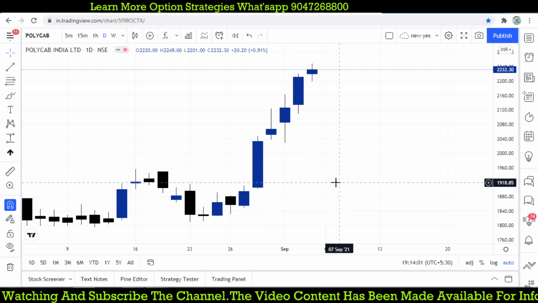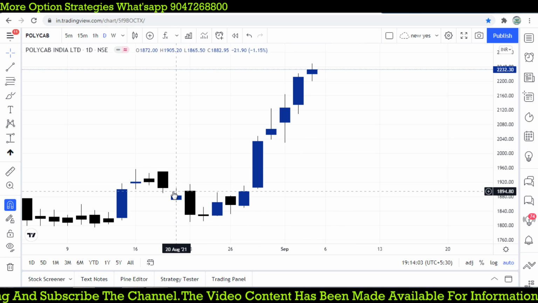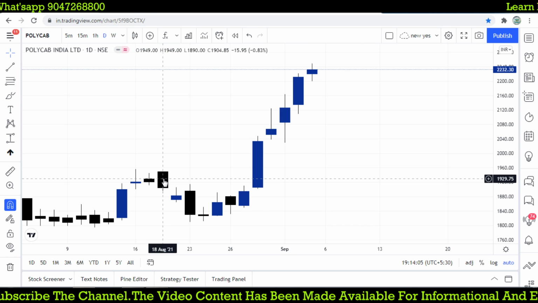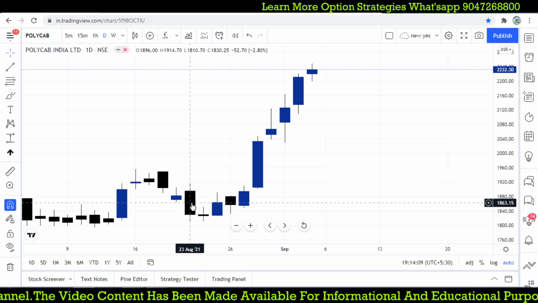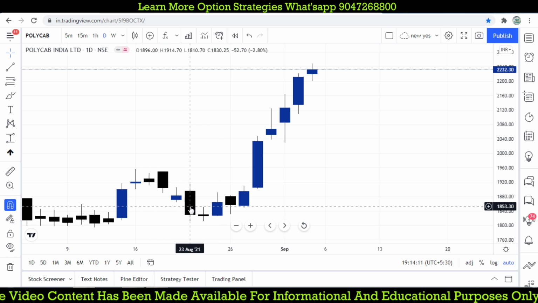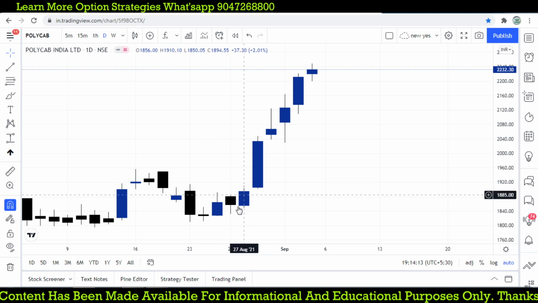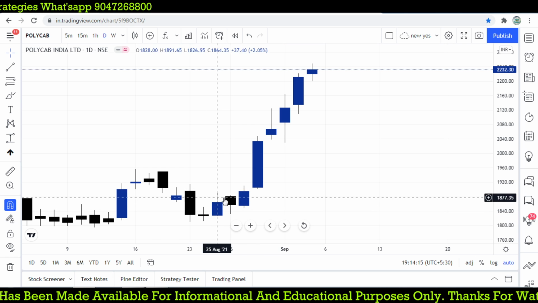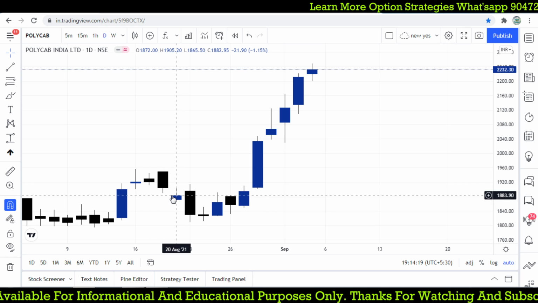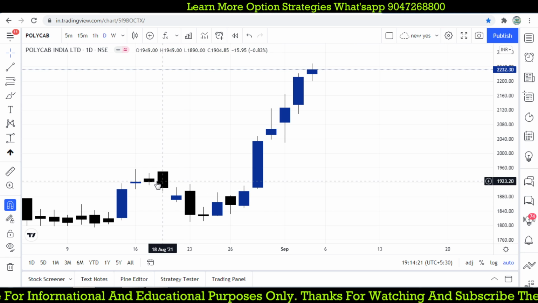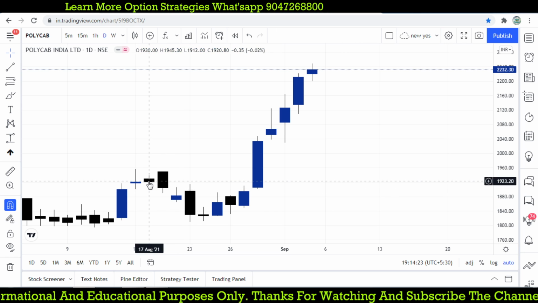And what should be the risk reward ratio? So at 1865, the stop loss is 1949. It made a low of 1810, that is the exact low. After that a reversal started, with a doji candle and an inside-out pattern. But here the stop loss was 65 to almost 100 points.